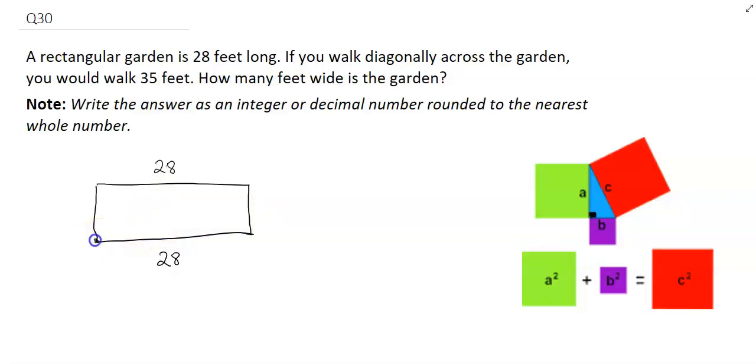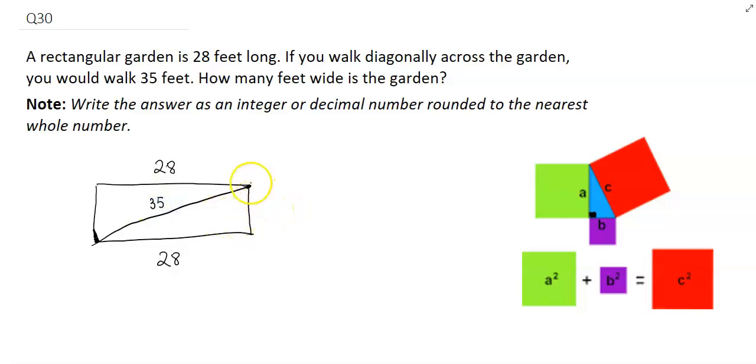A diagonal crosses from one side, one vertex, to the opposite one. Could be that way too, so I'm going to walk this way. Suppose that this is straight. So I walk diagonally across the garden and it measured 35 feet.